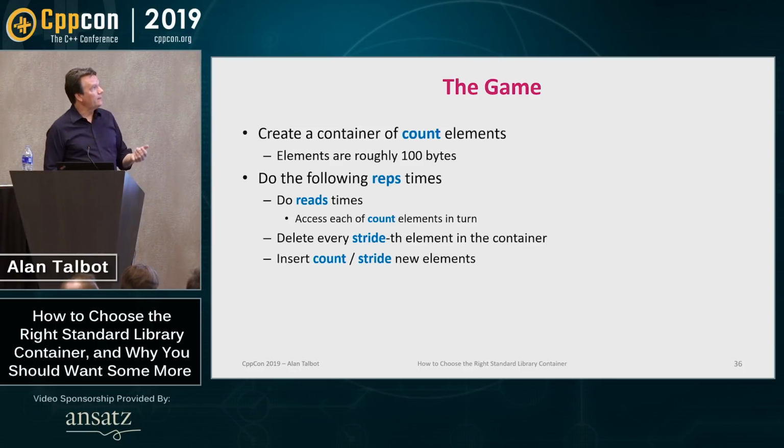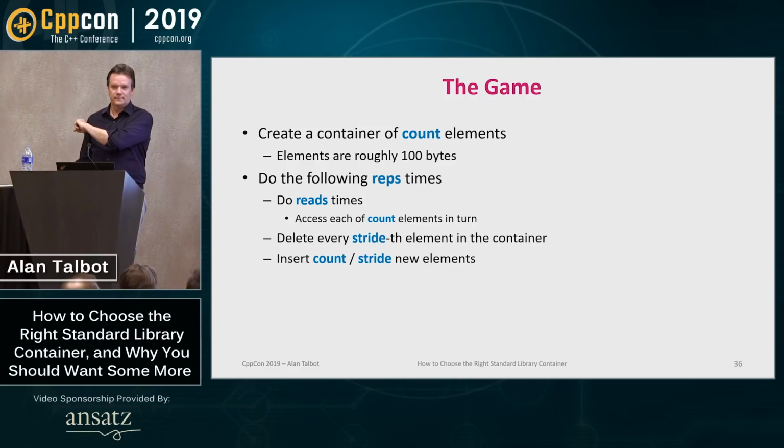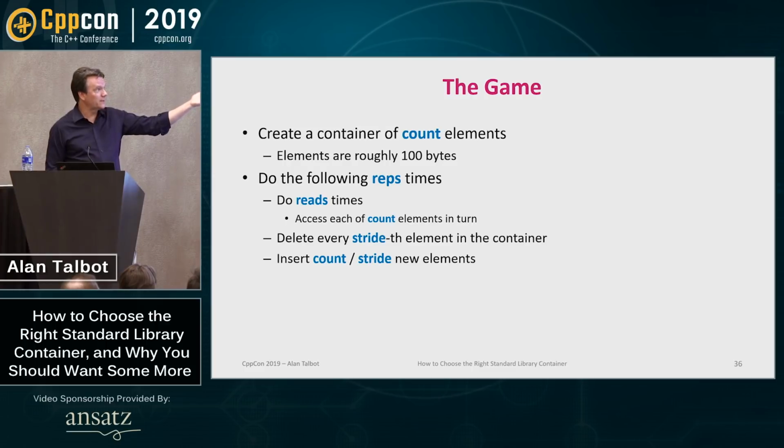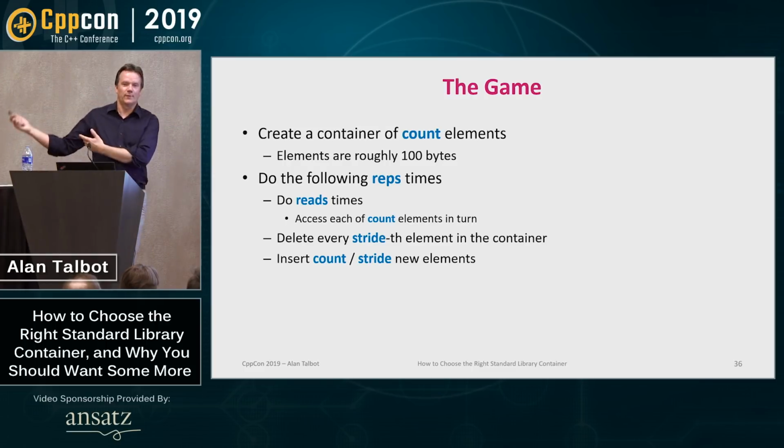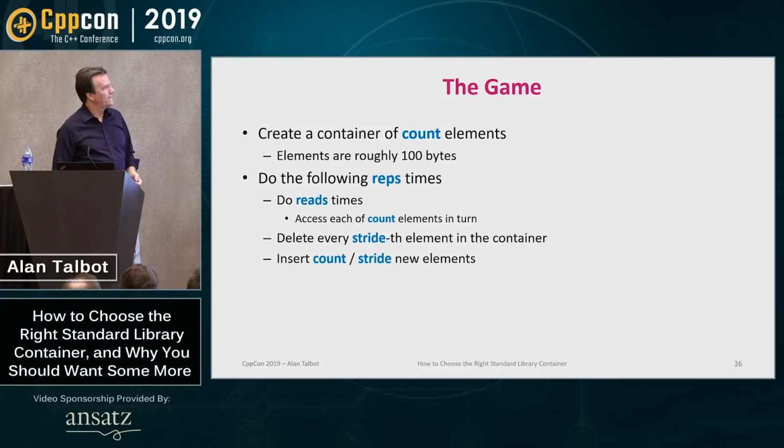And each cycle, I'm going to go through the entire list reads times, accessing each of the elements in turn. And then I'm going to delete every nth element, which has got to be some sort of worst case, right? And then I'm going to put back as many elements as I took out. And it doesn't matter where they go because order's not important, so they'll probably go in the end, whatever. All right?